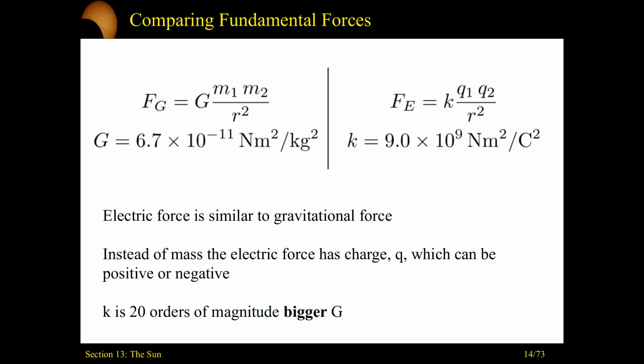Only difference is mass is switched with charge, and our gravitational constant is switched with the Coulomb constant. And notice the orders of magnitude. There is 20 orders of magnitude difference between K and G. So let's put this into a calculation. Let's actually calculate electric versus gravitational forces.